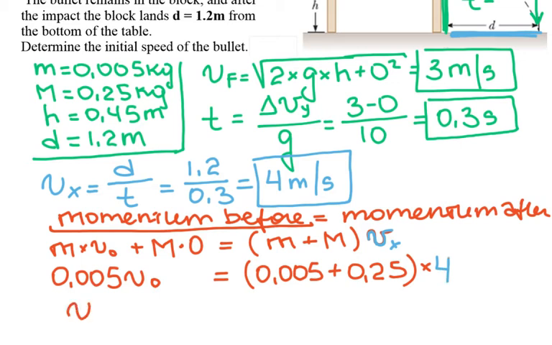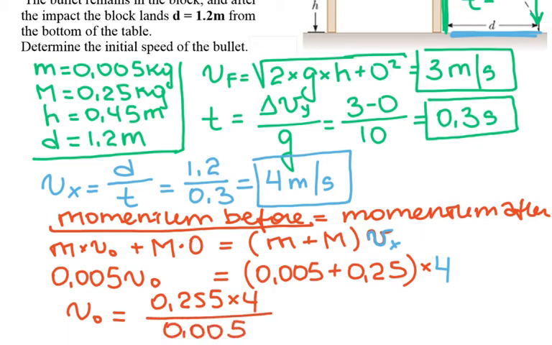So the initial velocity of the bullet is equal to 0.255 times 4 divided by 0.005. I can multiply the numerator and denominator by 1,000 to get rid of the decimal, and I get the initial velocity of the bullet is equal to 204 meters per second.